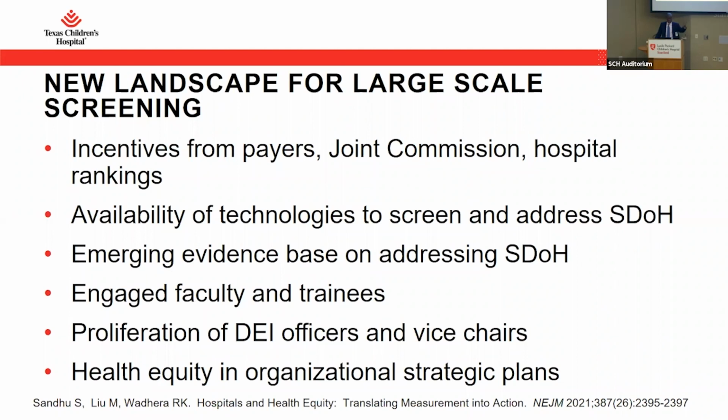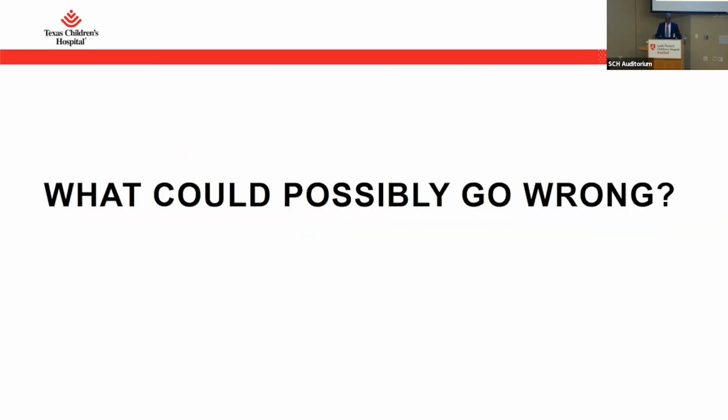You have engaged faculty and trainees who all want to do this work, and the proliferation of DEI officers and vice chairs ready to provide the leadership to make this work happen. Increasingly, health equity is incorporated into organizational strategic plans. With all these external forces and people ready to do it, you would ask, what could possibly go wrong?